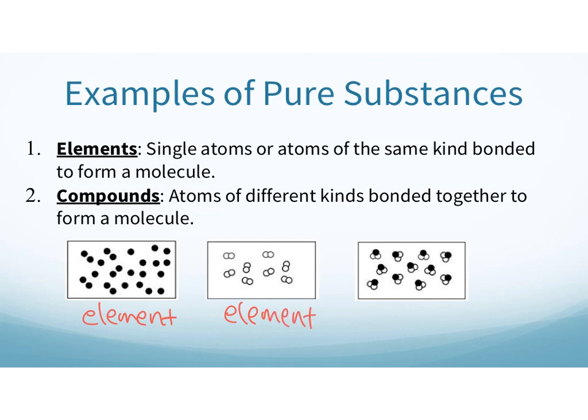And then to the right here, I see two open circles bonded with one filled-in circle, but all of them look the same as I look through all of these. Because they're all the same molecule, this is still a pure substance, but in this case this is going to be a compound.